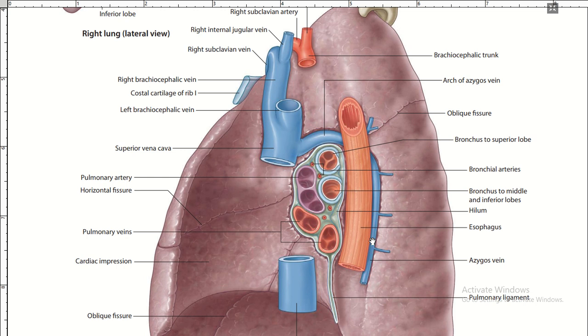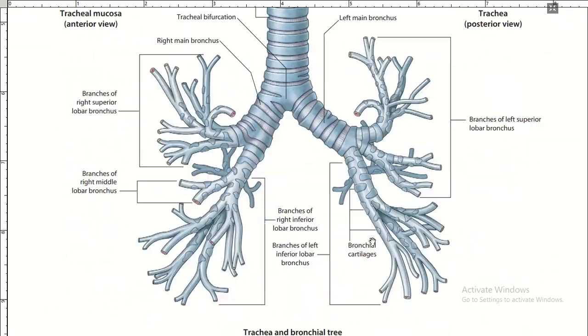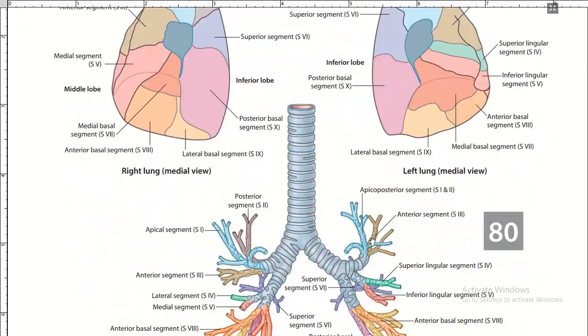Remember that, right? And take note of this. The pulmonary artery is going to be within what you call bronchopulmonary segments. Right.